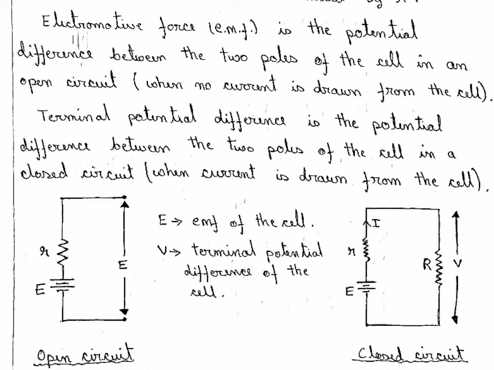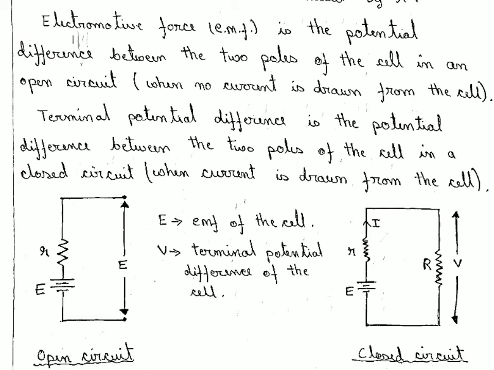So the potential difference between the two terminals of the cell decreases by an amount I times small r. Hence, the terminal potential difference is defined as the potential difference in a closed circuit, whereas EMF is the potential difference in an open circuit, and the terminal potential difference is always less than the EMF of a cell.